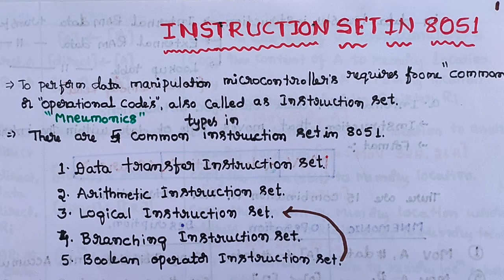In 8051, four common instruction sets are there: the data transfer instruction set, arithmetic instruction set, logical instruction set, branching instruction set, and boolean operator instruction set. I call it four instruction sets because I included the boolean operator instructions inside the logical instruction sets. I will tell you later.